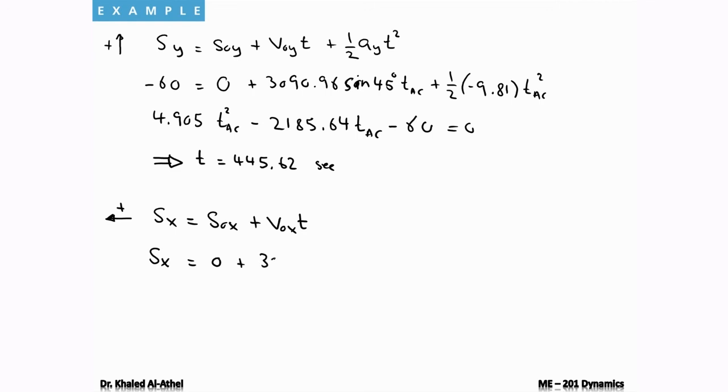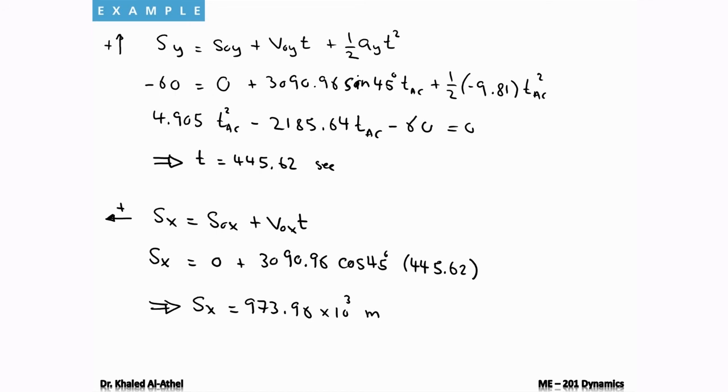Velocity is going to be the horizontal component, so 3090.96 cosine 45 degrees multiplied by the time, which is 445.62. Simply solving this will give me that Sx comes down to be equal to 973.96 times 10 to the 3 meters. Okay, and this solves the problem.